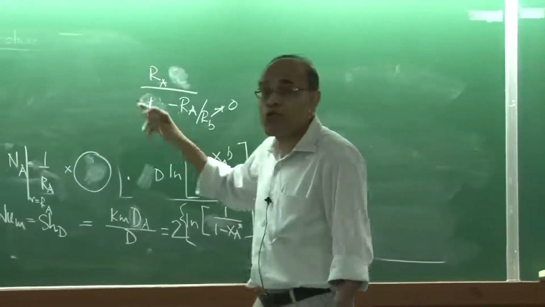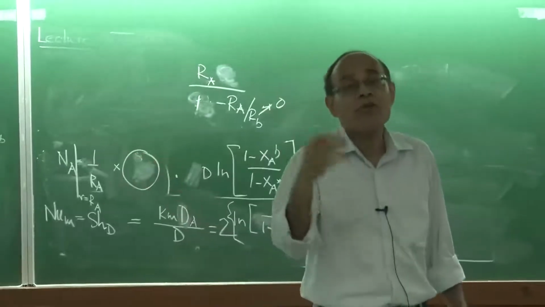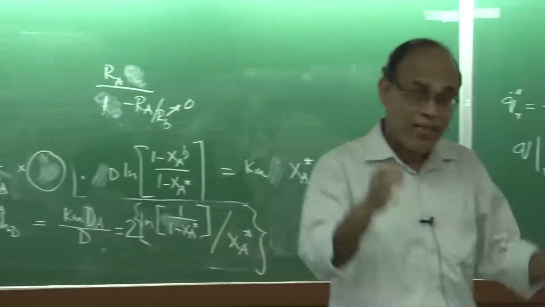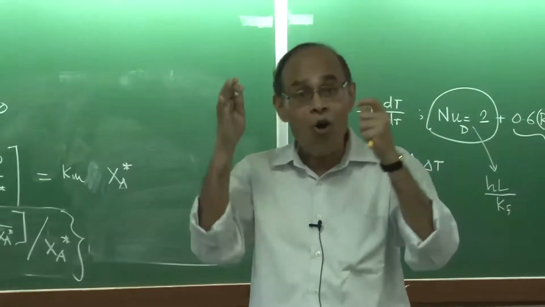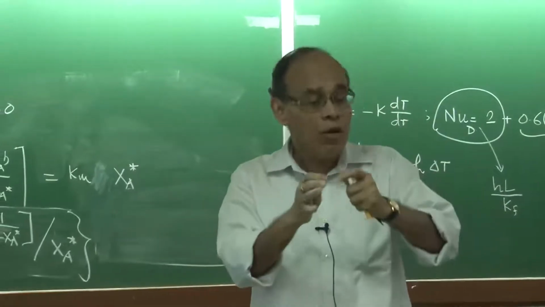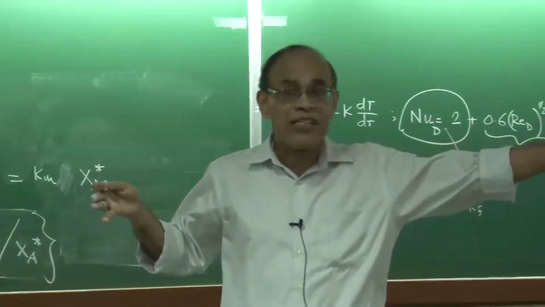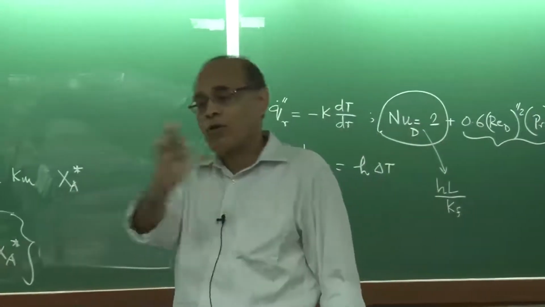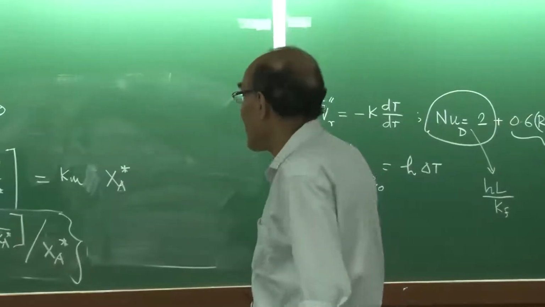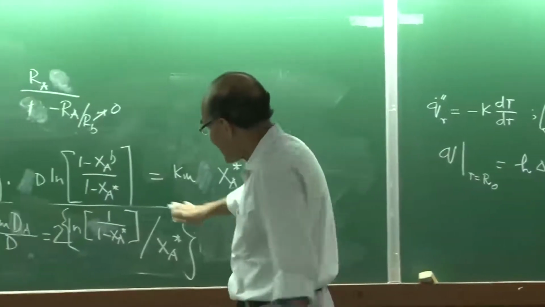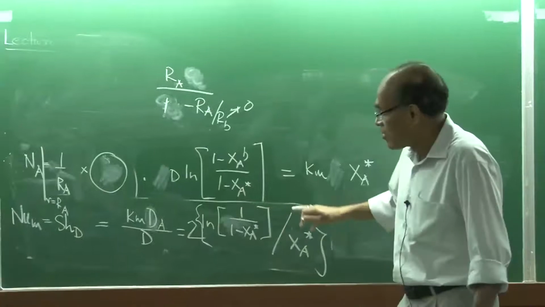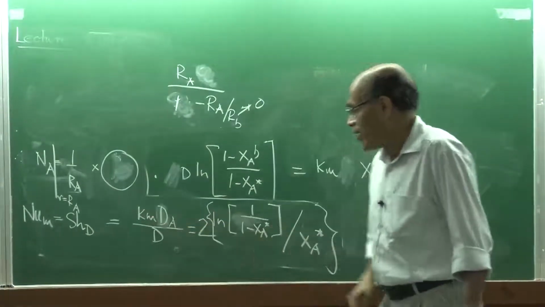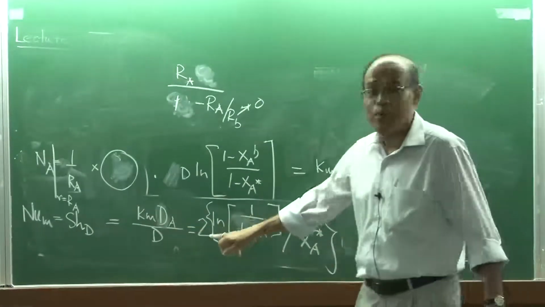The pure diffusion case would be a situation in which the medium is stagnant, and also XA in the domain of interest is extremely small, so XA can be ignored. So, the bulk convection term can be thrown away, and in that case this term will vanish from the derivation, and the Sherwood number will come out to be exactly equal to 2.